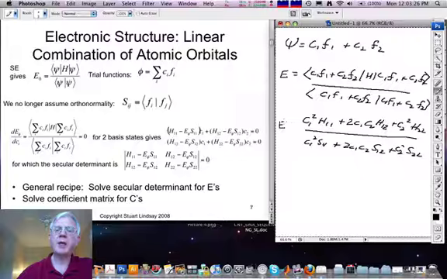Now, how do we go about choosing the best combination of these constants C1 and C2? The answer is we choose values that will minimize the value of E, i.e. dE by dC1 or C2 is 0.